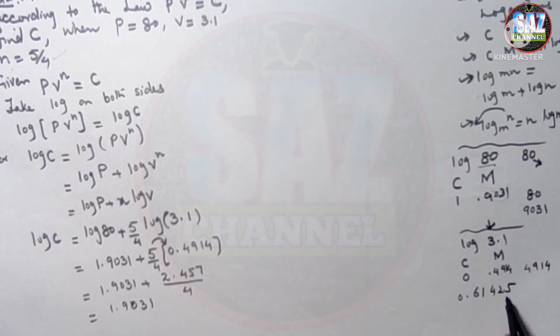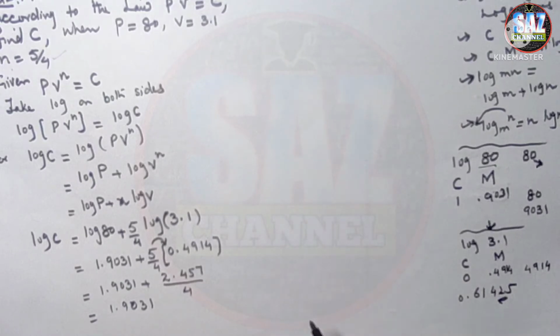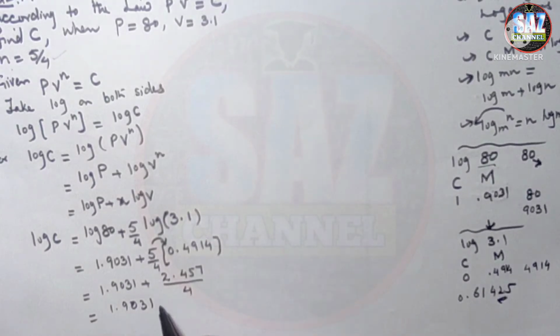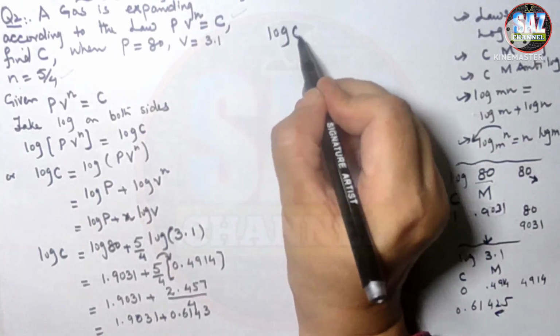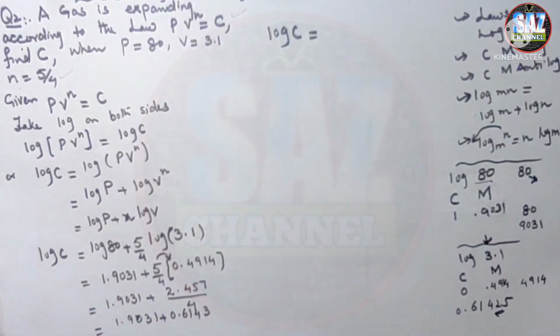As I need to take 4 digits after the decimal, and this digit is 5, I can add 1 to the previous digit, so it becomes 0.6143.